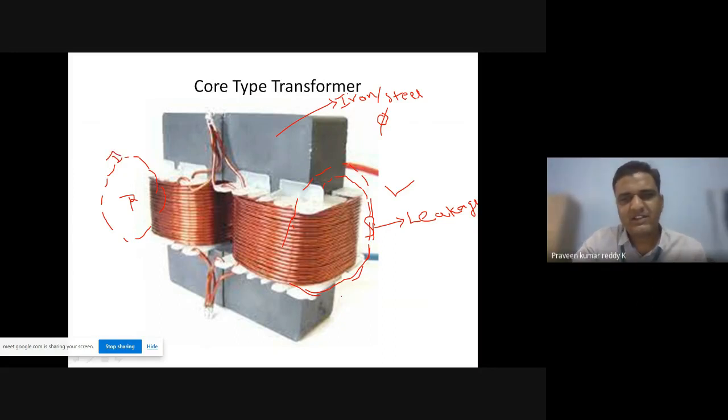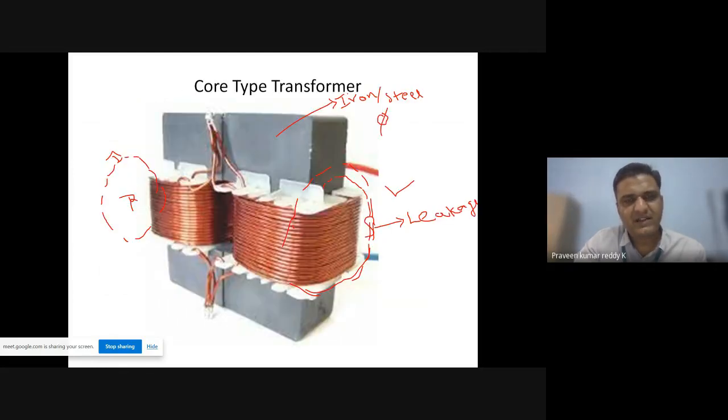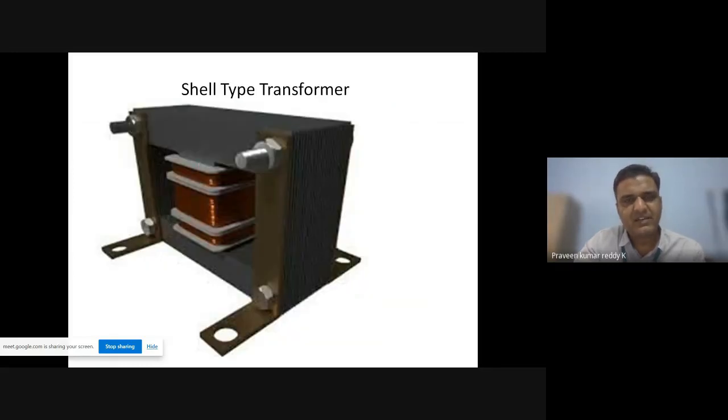So to avoid this, we have another structure called the shell type structure, where both windings are made inside the transformer. In the previous structure, the windings were at the left and right. But in the shell type transformer, we have a center metal limb, and on this itself we have the primary winding and the secondary winding.